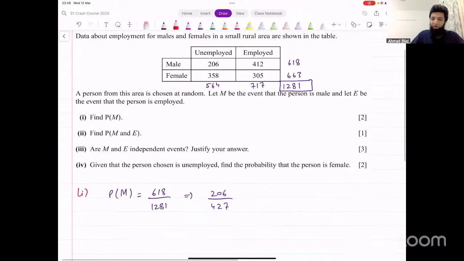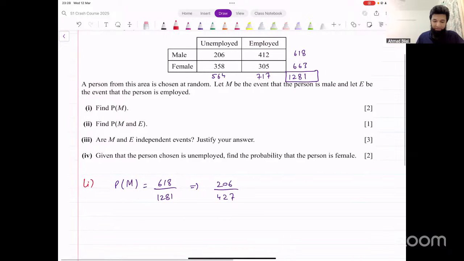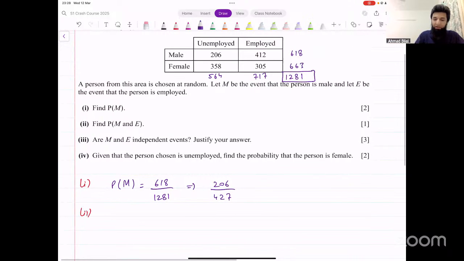Okay, so once you add those totals, it becomes fairly straightforward after that. Now, the second part says, find the probability of M and E. What does that mean? The case when both of these conditions are met, M and E, okay, male and employed. You are selecting one person randomly from these 1281 people.